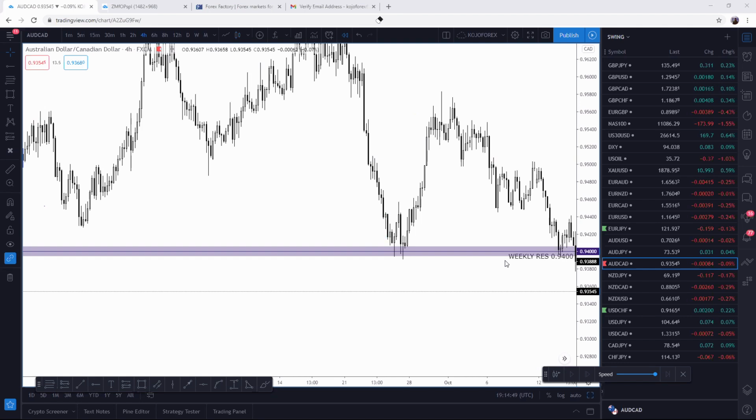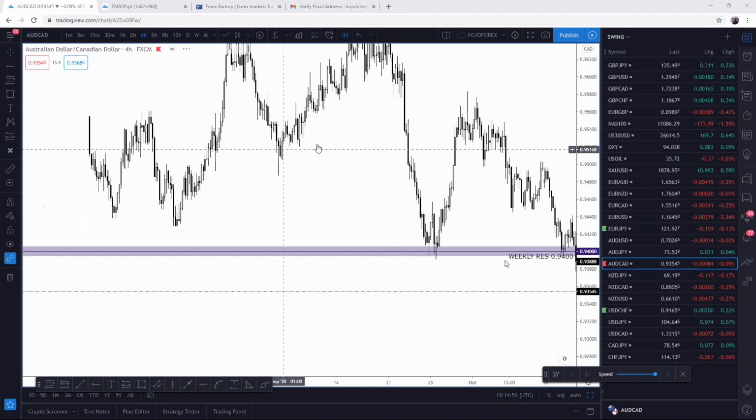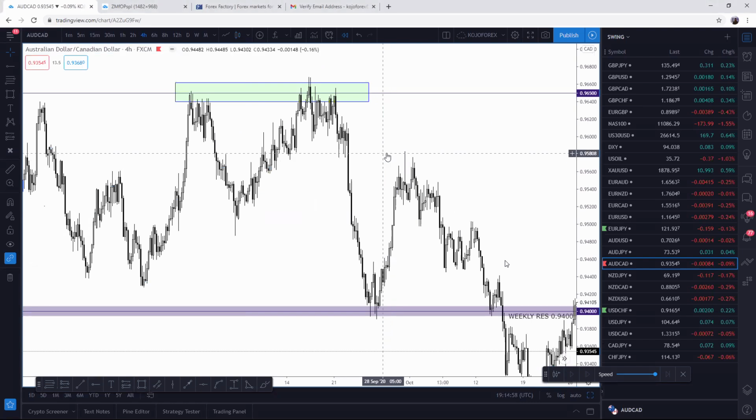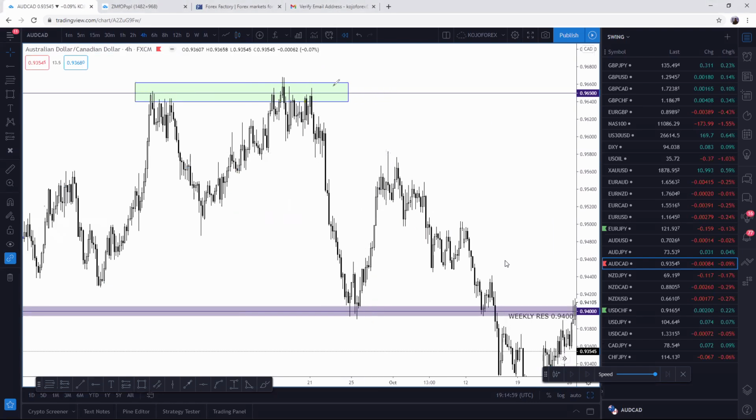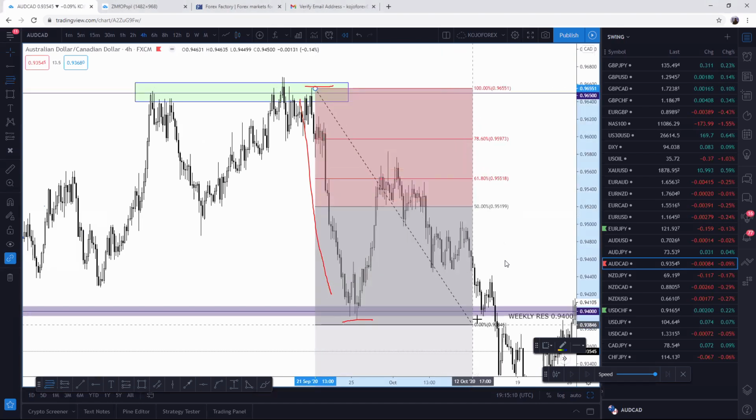Again, after running up into these regions, what happened? You have to consider Fibonacci in our dealings, right? So this is the swing point. What retracement level did we hit here?